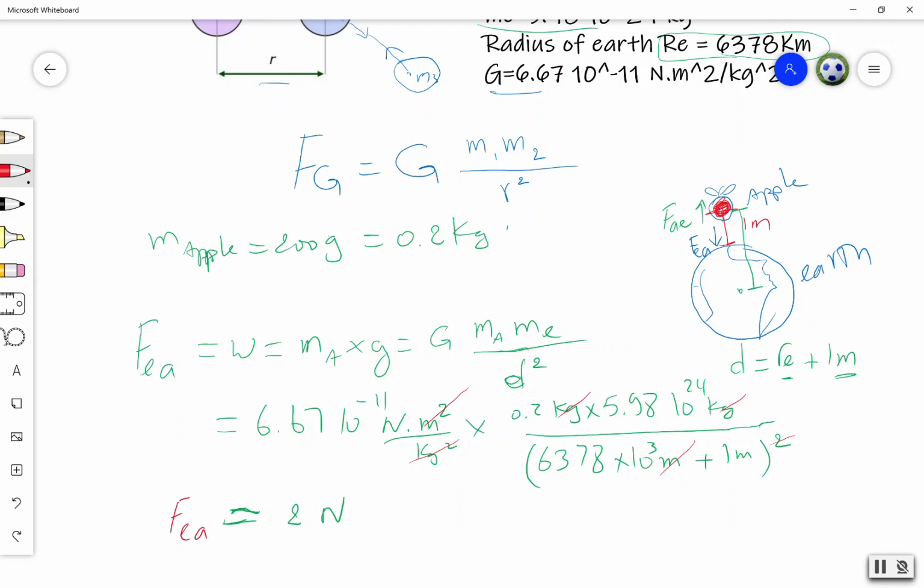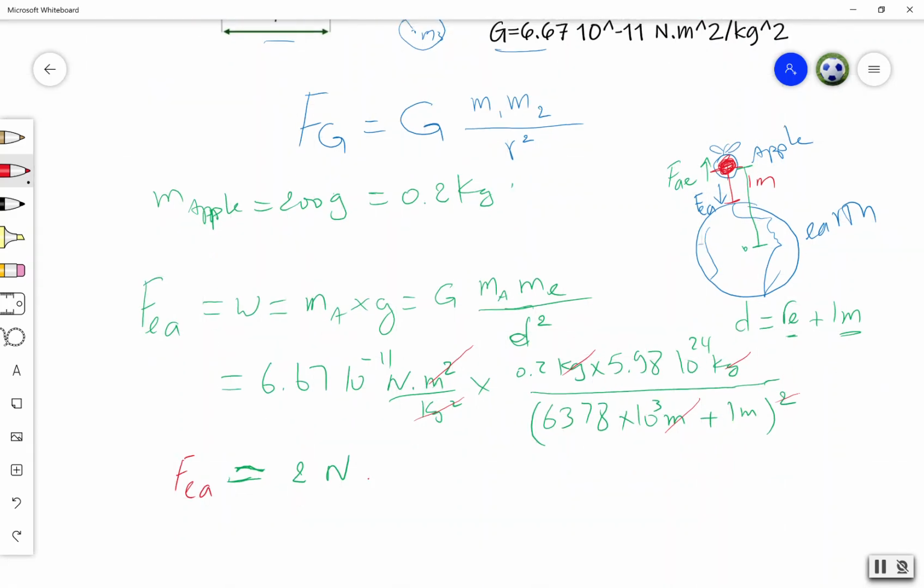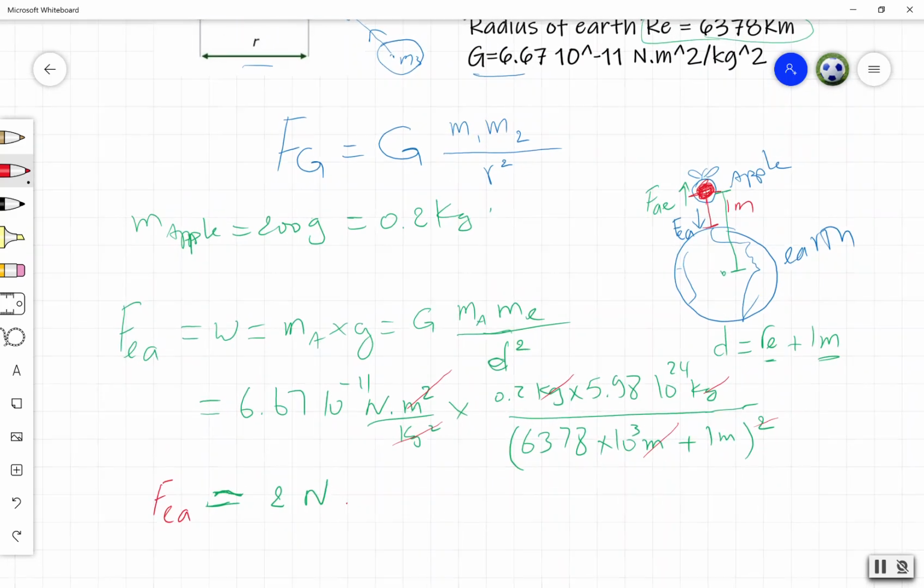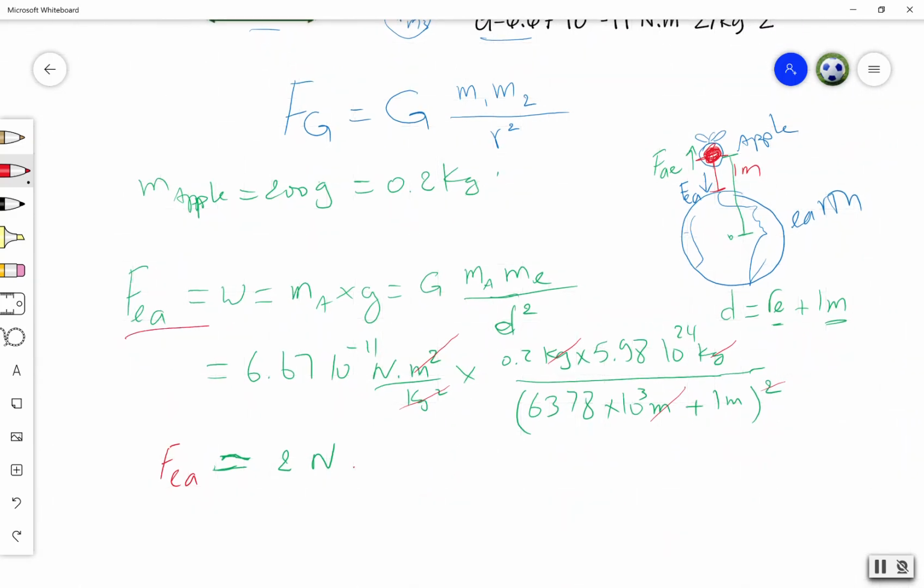And from here we can calculate how much the apple accelerates toward the Earth when it falls down. We know that the force exerted by the Earth on the apple equals the weight of the apple, and equals the mass of the apple times the acceleration of the apple.